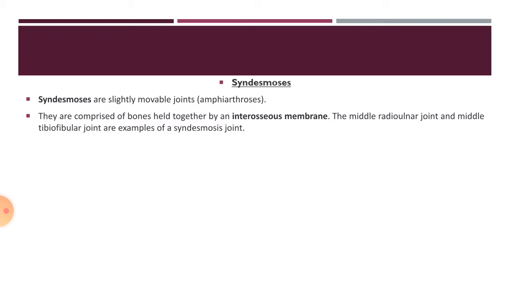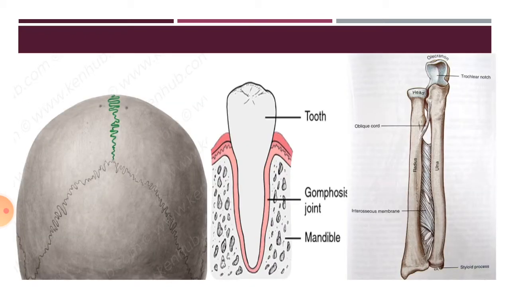So basically, in the forearm and in the leg, between the tibia and fibula and between the radius and ulna, there is an interosseous membrane, and the interosseous membrane holds these two bones together, and this is a type of syndesmosis. So these are the three subtypes of fibrous joint.